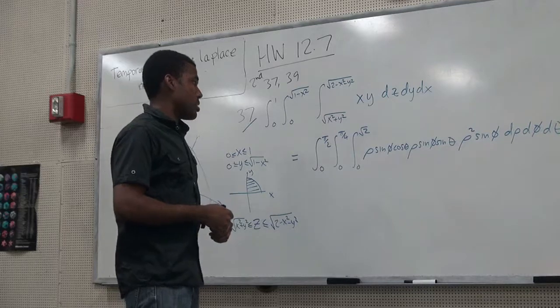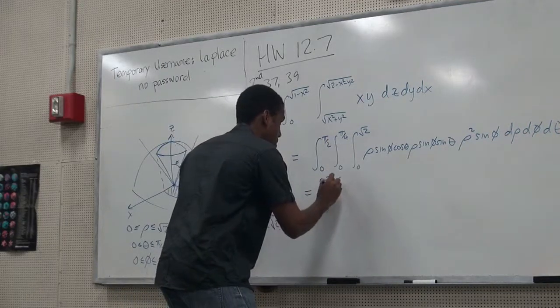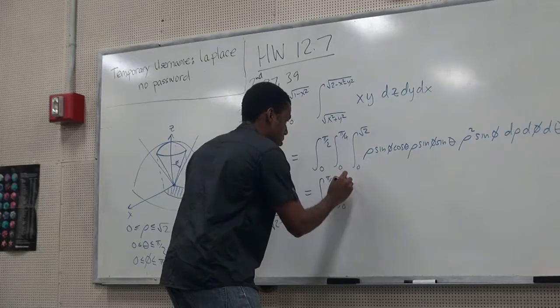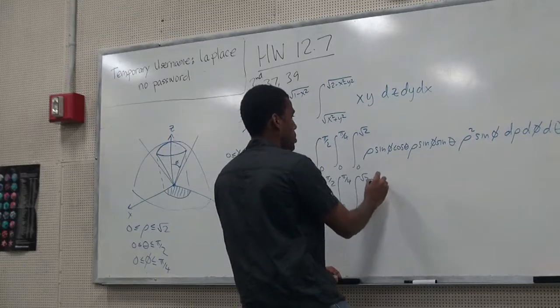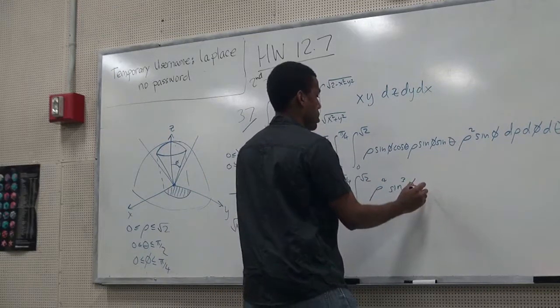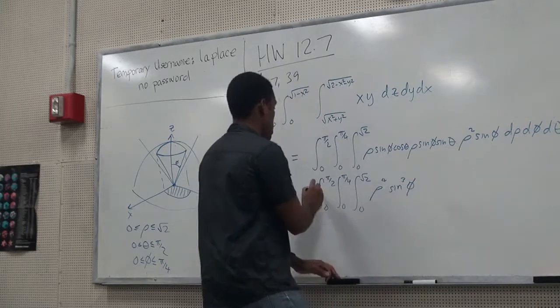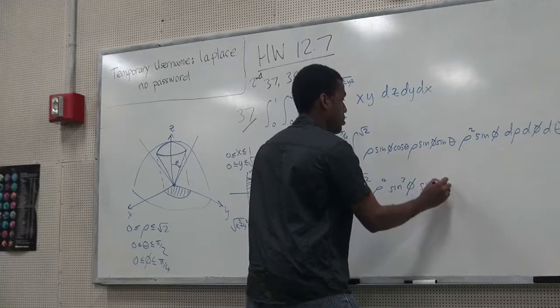So that's actually rho to the fourth sine cubed phi and 1/2 sine 2 theta.